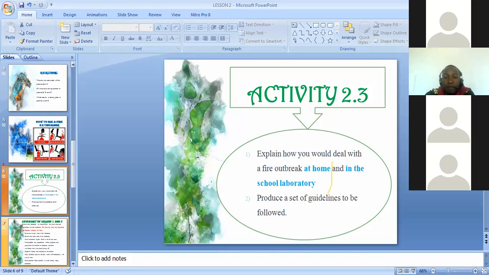In case you have a fire outbreak at home, or maybe a school lab, explain how you would deal with that fire outbreak. And as you are explaining how you want to deal with that fire outbreak, please write a set of guidelines to be followed.